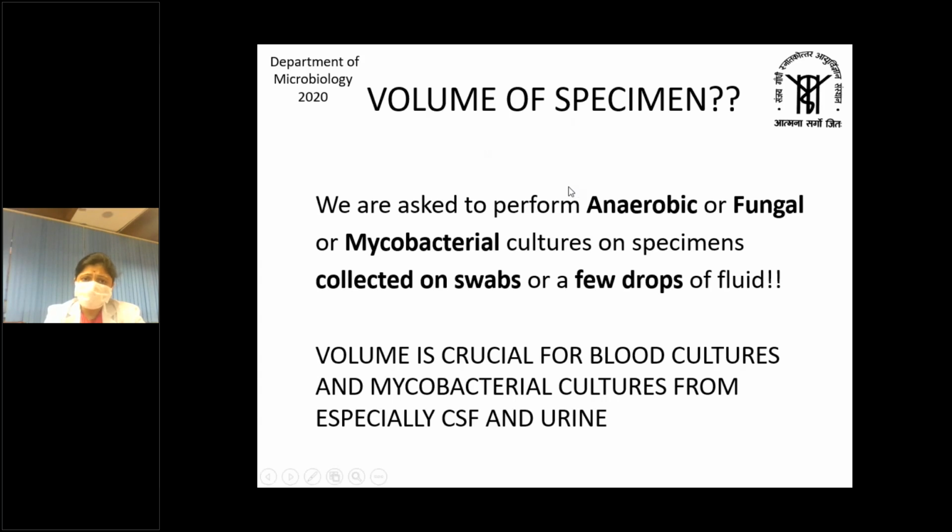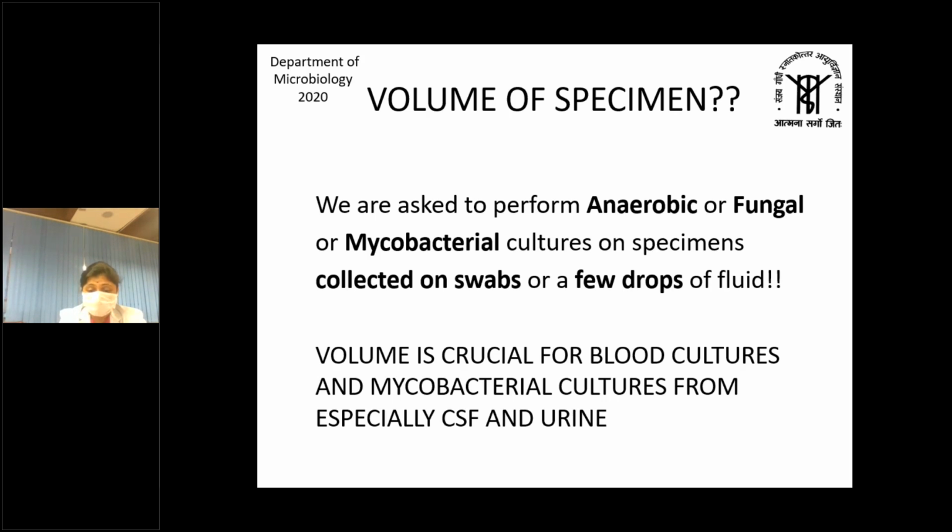Now, the second most important principle is volume of the specimen. It should always be kept in mind that the larger the volume of the specimen, the more sensitive the culture becomes, because a certain number of bacilli per ml of the sample are required for culture to come positive. Culture anyway is always more sensitive than any other diagnostic, even molecular tests.